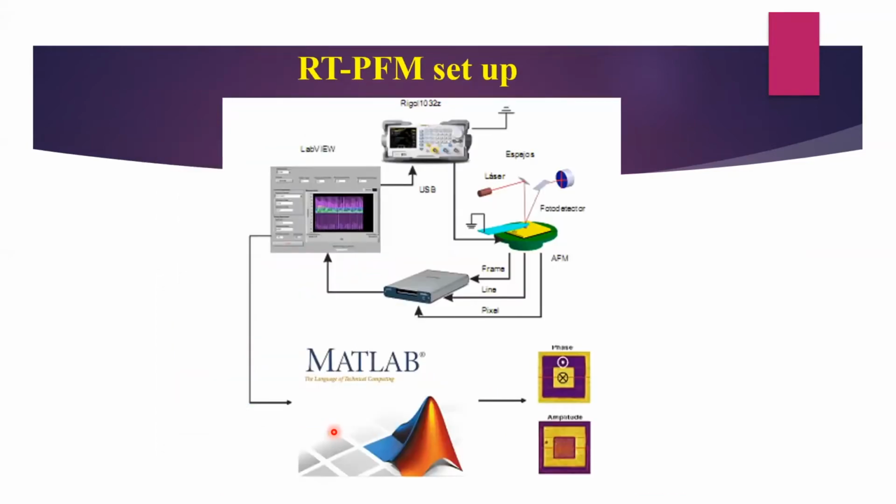This is the setup of this technique, the resonance tracking PFM, and we have an acquisition card in addition to the typical PFM setup. With this card, you obtain the data pixel by pixel of this resonance peak, and with MATLAB you process this data and form the image of amplitude and phase.